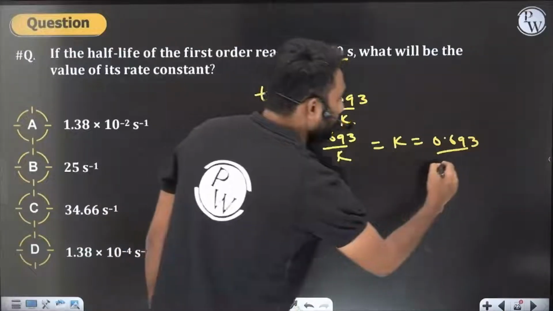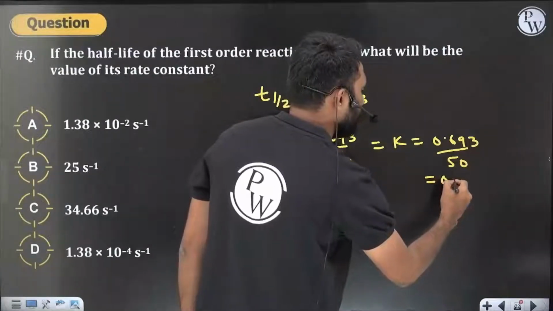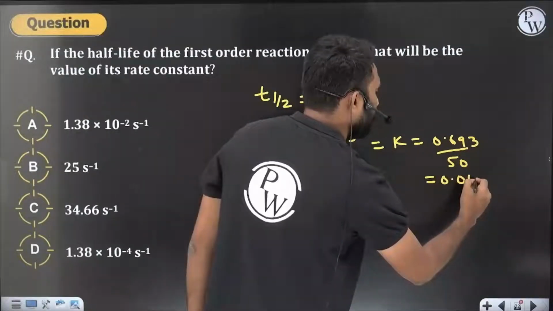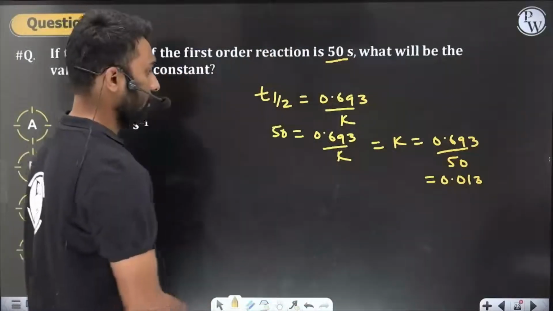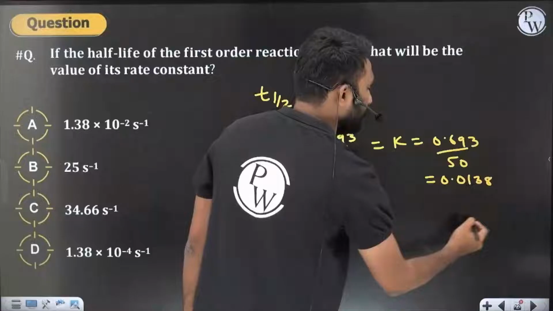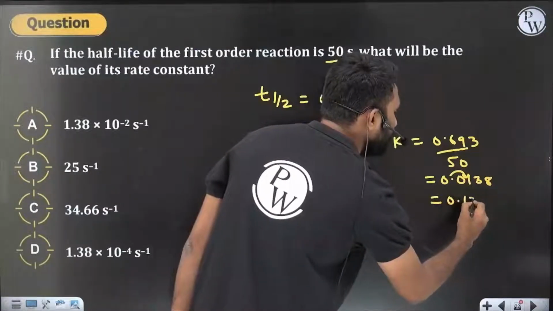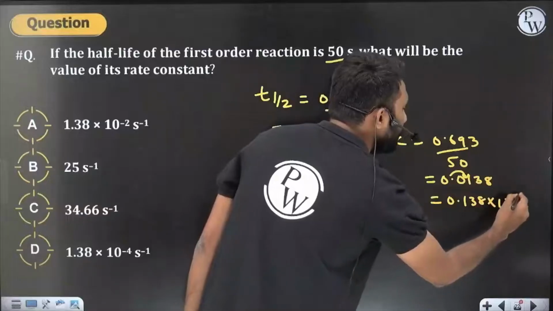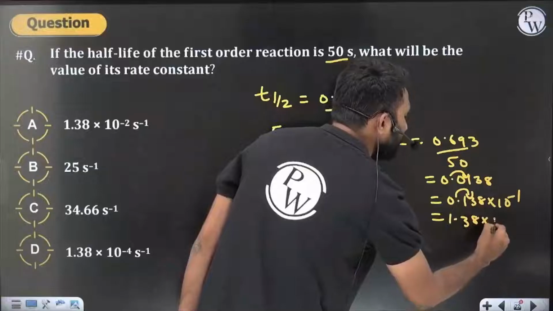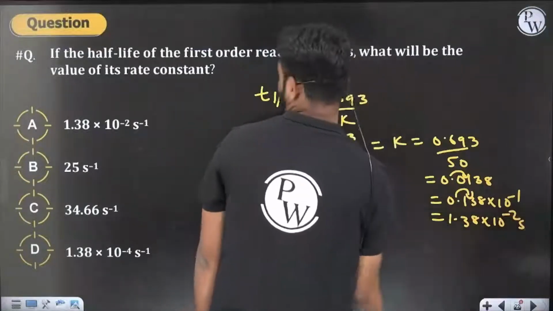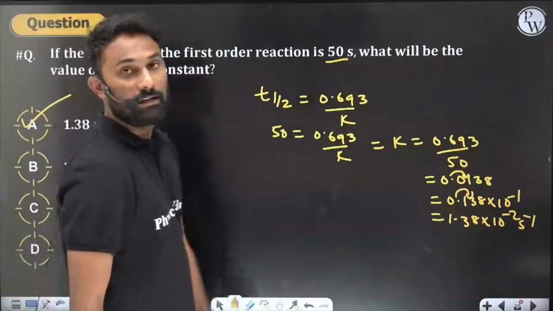How much does it become? Something like 0.013. Now if you move the decimal point, it will become 0.138 into 10 to the power minus 1. Then if you bring it here, 1.38 into 10 to the power minus 2 second inverse. Now option number 1 is correct.